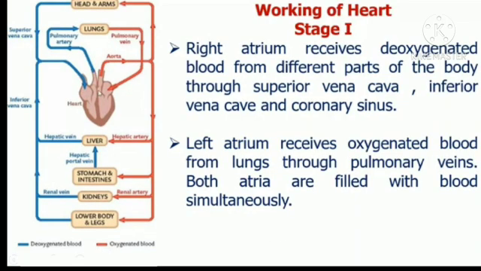Next, we are going to see about the working of the heart. Stage 1. The right atrium receives deoxygenated blood from different parts of the body through the superior vena cava, inferior vena cava and coronary sinus. The left atrium receives oxygenated blood from the lungs through pulmonary veins. Both atria are filled with blood simultaneously.